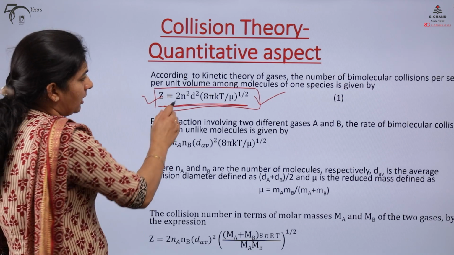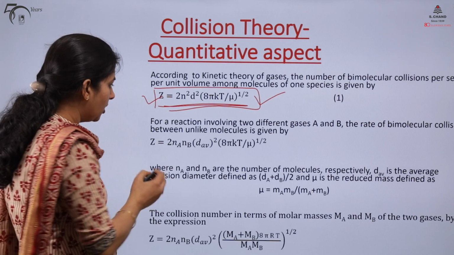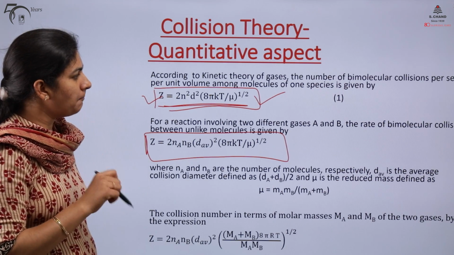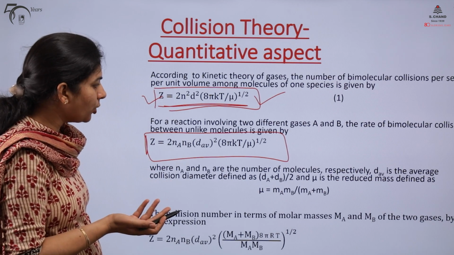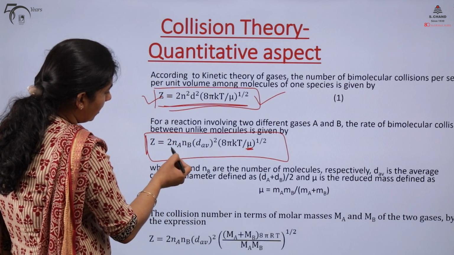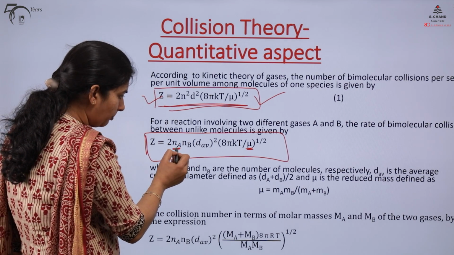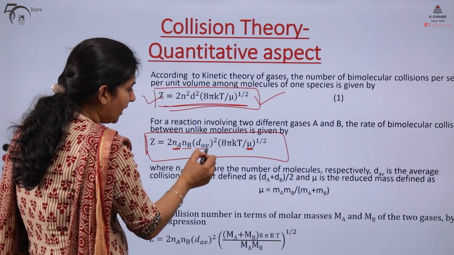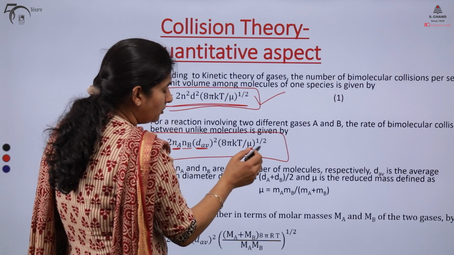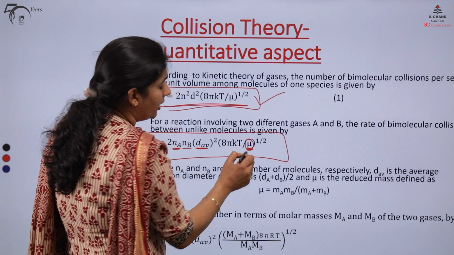This is the same expression, but if we have different types of molecules, we have this expression again, which gives us the number of collisions taking place per unit time, per unit volume, and here the term mu is different. Na is the number of molecules of type A, Nb of type B, d is the collision diameter, and 8 pi kT upon mu, usually we write m, that is your average velocity, but here we are taking mu instead of m.